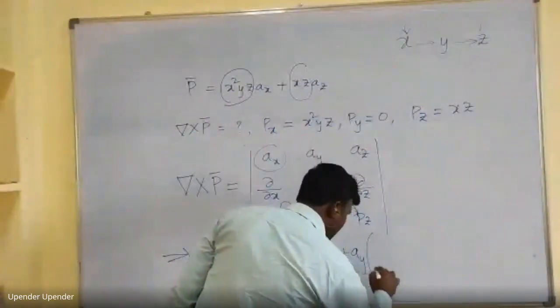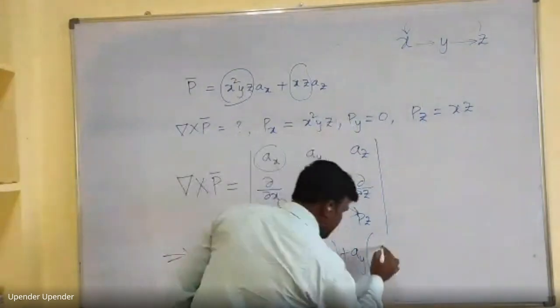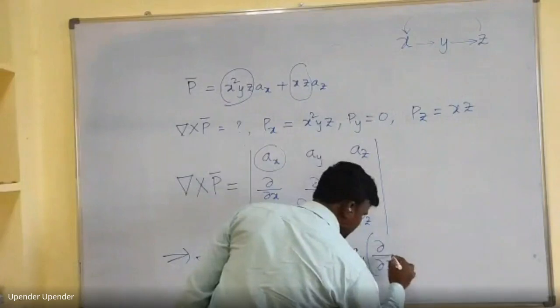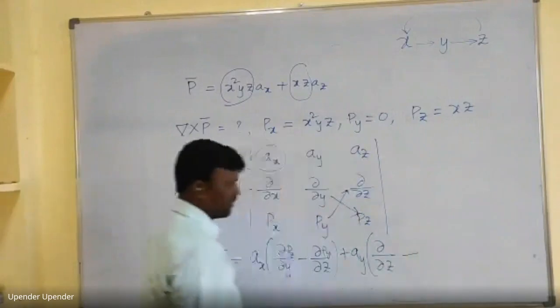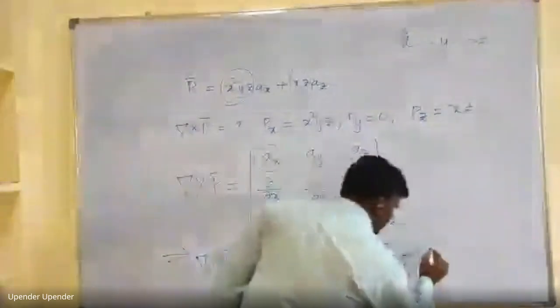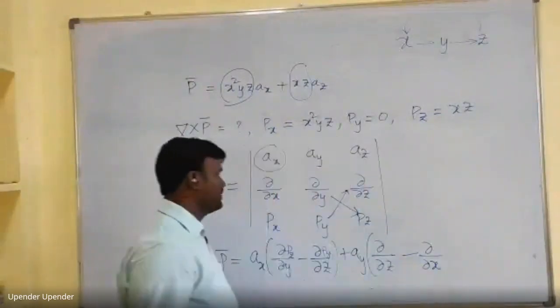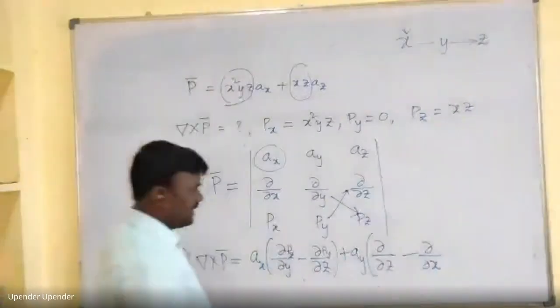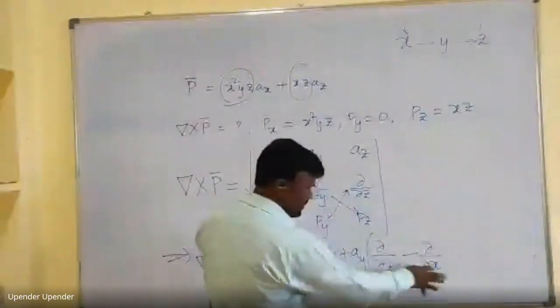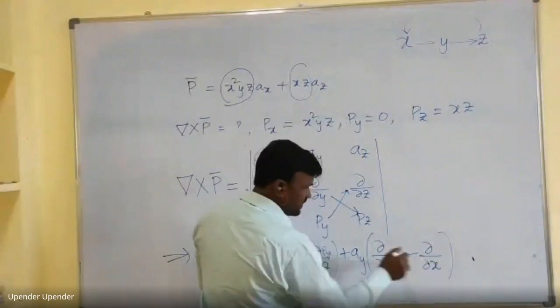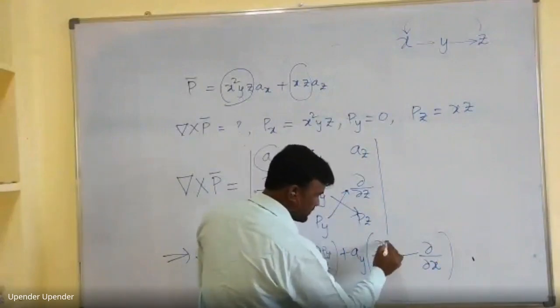What I said, after y, we need to take z. That is dou by dou z, and of course the magnitude component of P we have to write. After z, we have to write x. Now fill with Px, Py, Pz. Here y is over, you need to focus on z and x only. So that's why I am taking Px here.